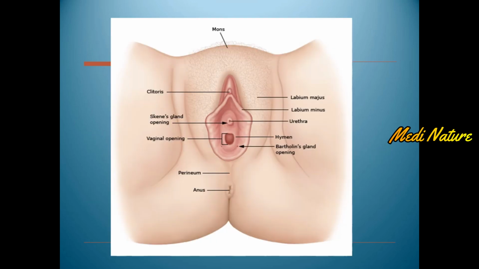When we are considering all these external genitalia together, the mons pubis, hair, the sebaceous gland secretions, mucus, and the labia minora and majora, which are skin folds surrounding the vaginal opening, are important to protect the inside of the body.